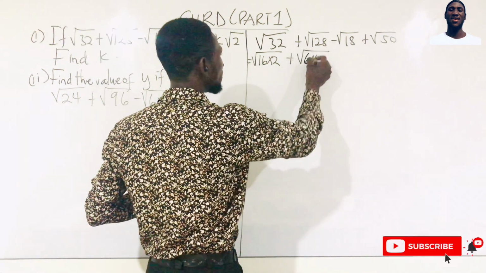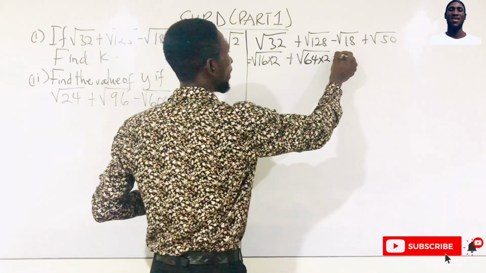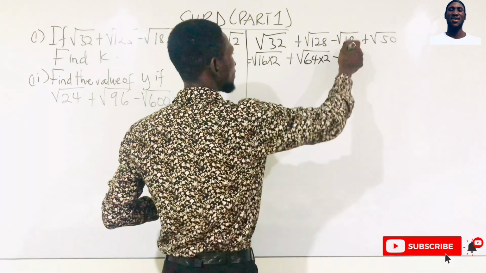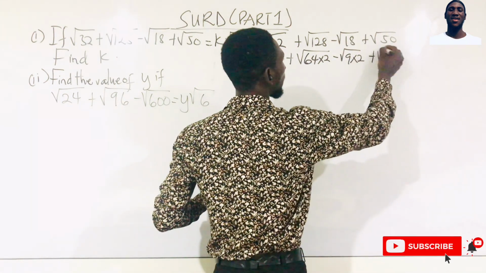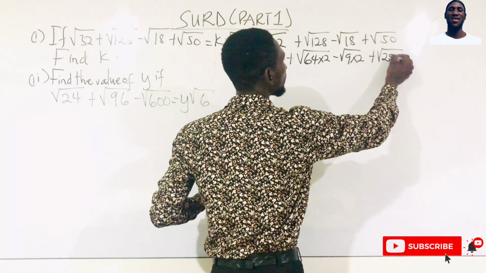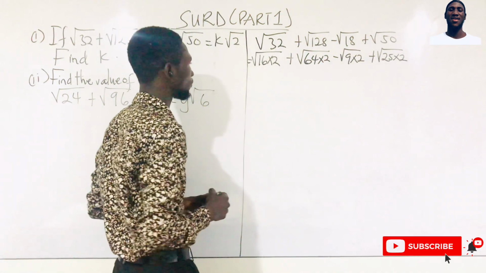So I have 64 times 2 minus, this is 9 times 2 gives us 18 plus 25 times 2 gives us 50.